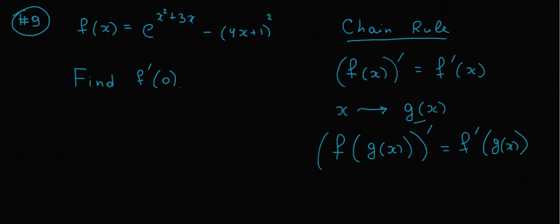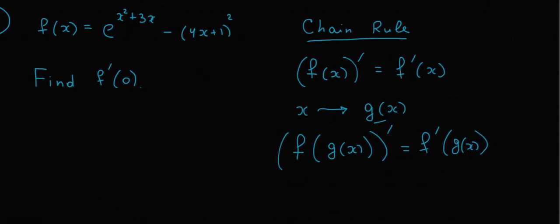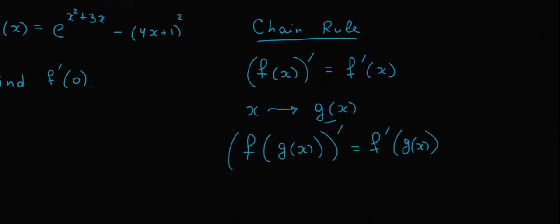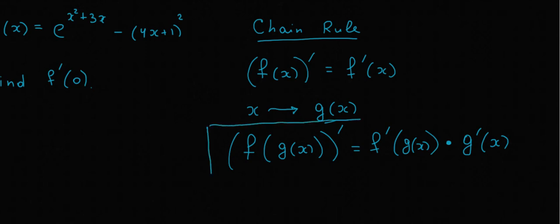So everywhere I see x, I'm replacing it with g of x. If we just do this, it's very easy to see that we're not going to get a correct answer. To get the correct answer, the right-hand side has to be multiplied by the derivative of the function that we're replacing x with, in other words, it has to be multiplied by g prime of x. And so this formula is called the chain rule.